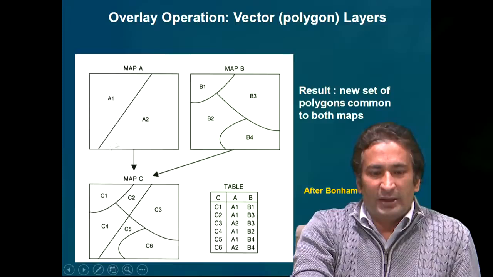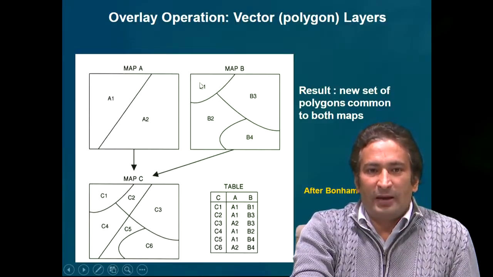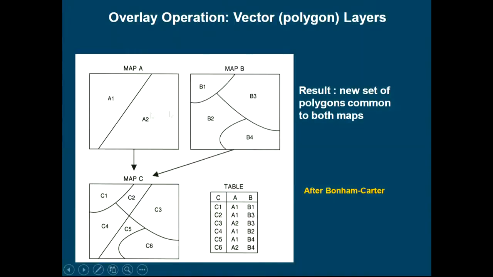If you see it here, for example, we are seeing map A and map B. If I do an overlay of them, you see here C1, a new map, which is this polygon. These two maps are joined together, and the geometry is altered, the geometry is changed. So we need to take care of all these.